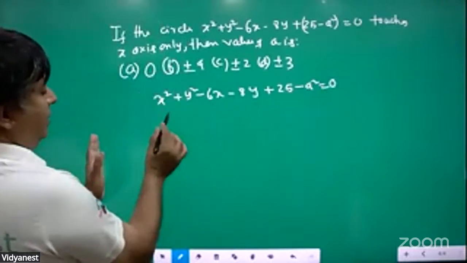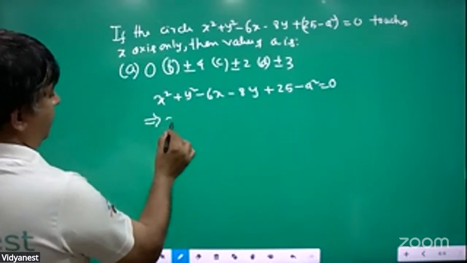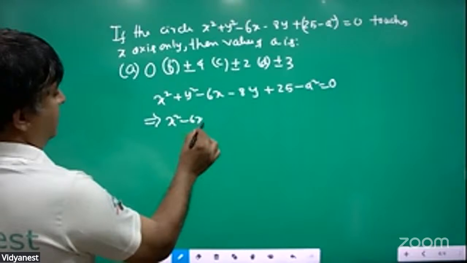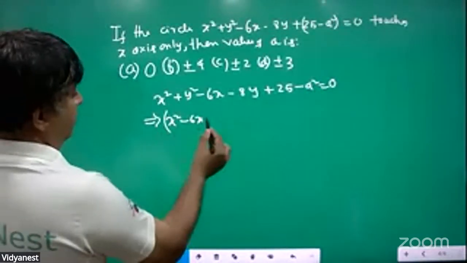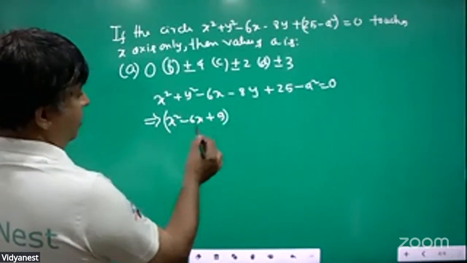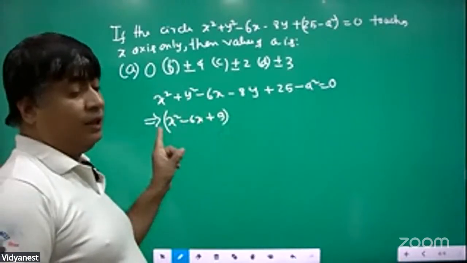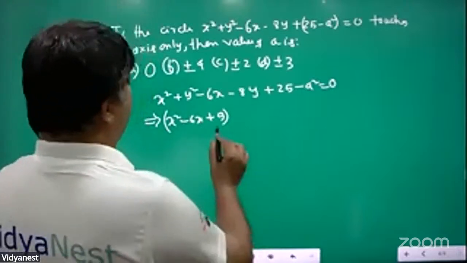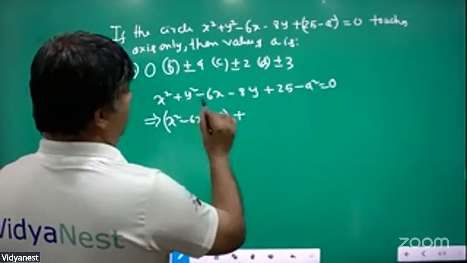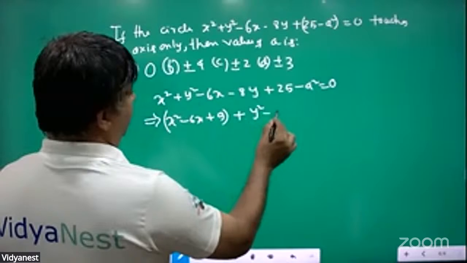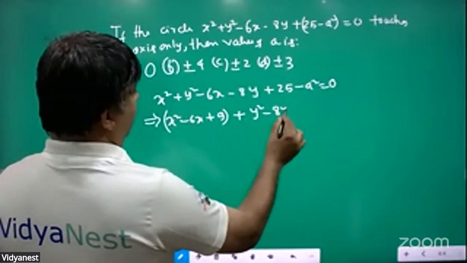Now, how to get that whole square form? With x square minus 6x, you introduce plus 9, because if you bring that plus 9, it will form (a minus b) whole square. Same concept will be followed here, y square minus 8y.